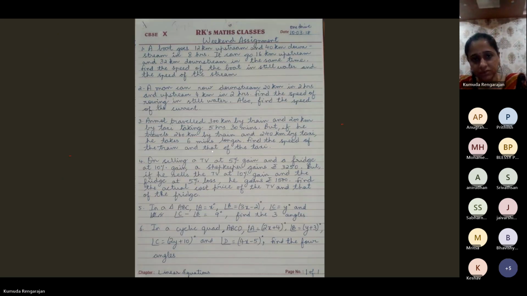Now, the boat goes 12 kilometers upstream and 40 kilometers downstream in 8 hours.